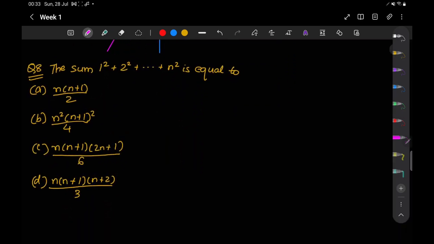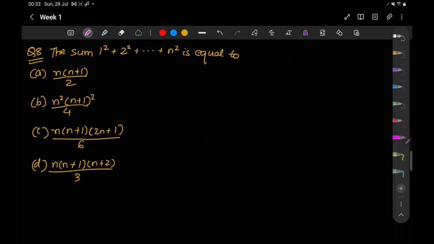So we are slowly nearing the end of today's question set. This is question number 8. The sum 1 squared plus 2 squared plus so on and so forth up until n squared is equal to what?